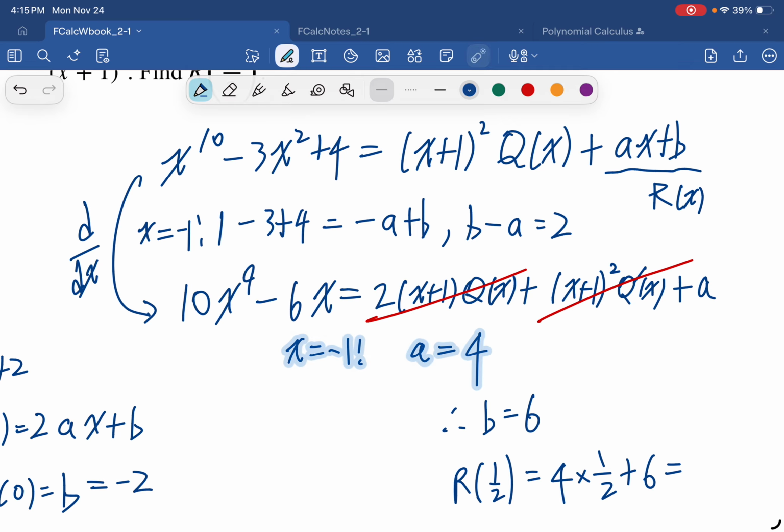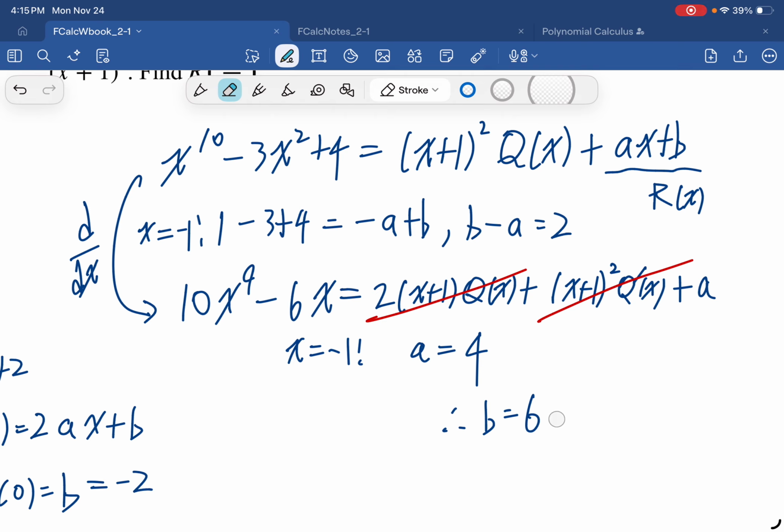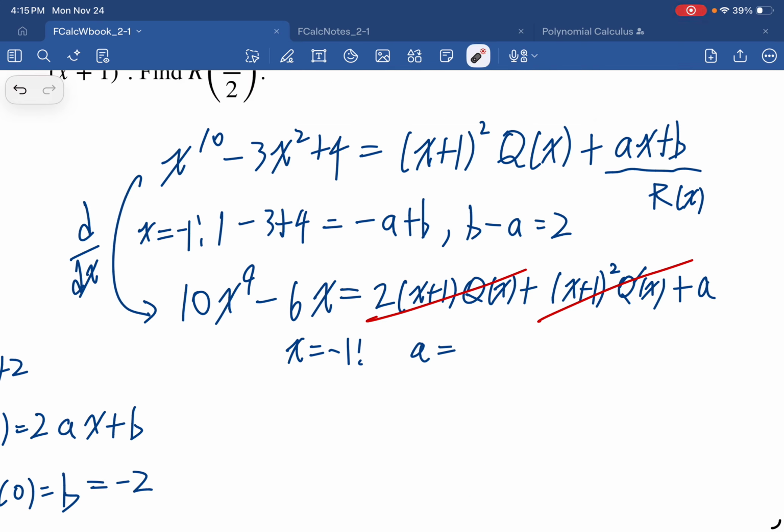So we got -a plus b equals 2, and plug in x equals -1, -10. Oh, sorry, I just made a little mistake here. So a is not equal to 4 because this is to the power of 9, right? So this is -10, and this is plus 6, so this is going to be equal to -4.